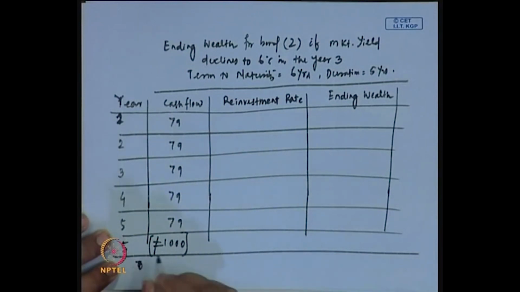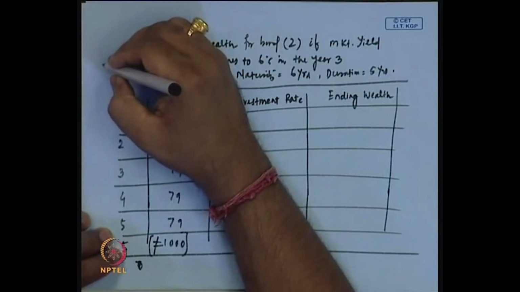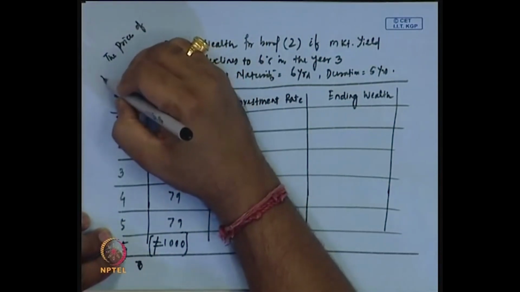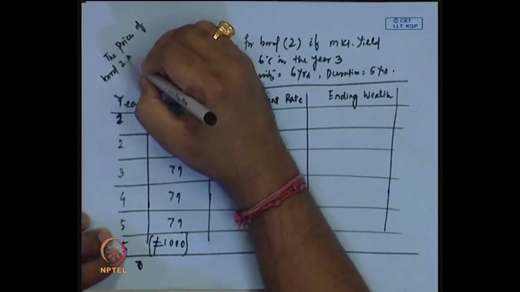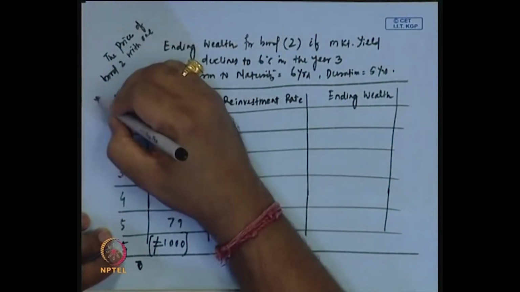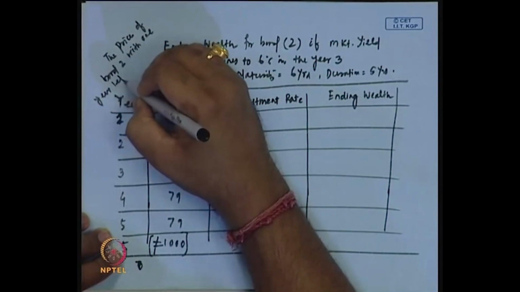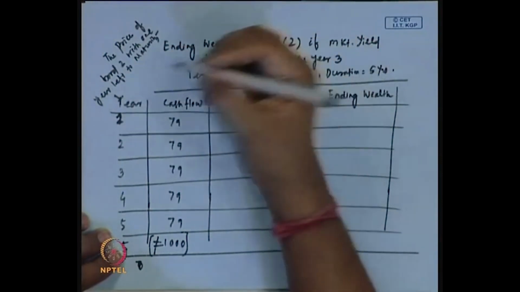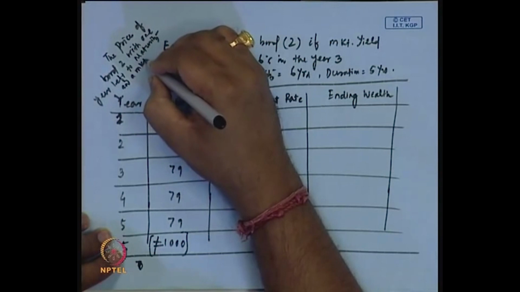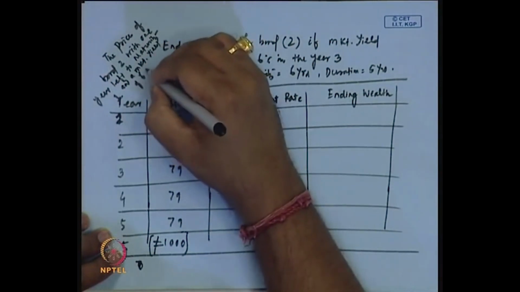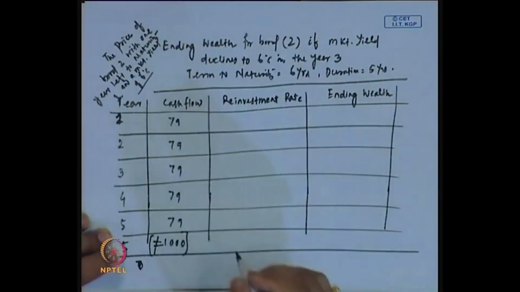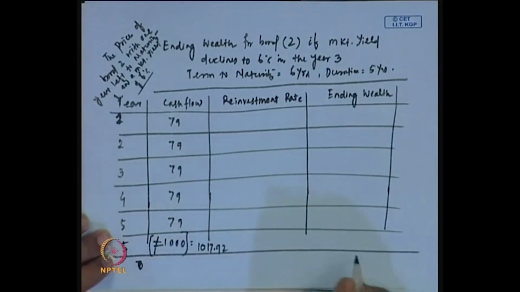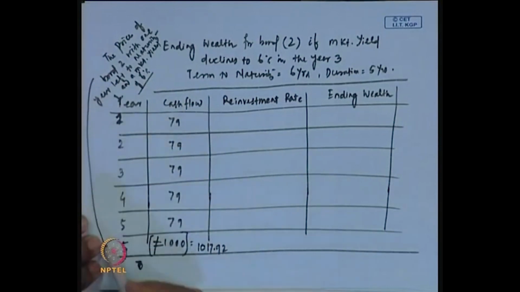So, the price of bond 2 with 1 year left to maturity and a market yield of 6% is, if you calculate, 1017.92.